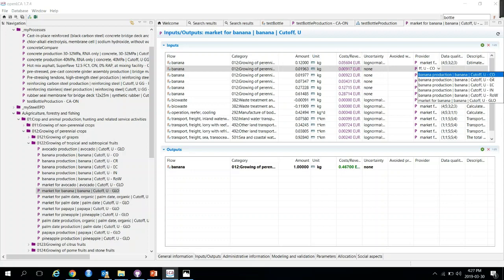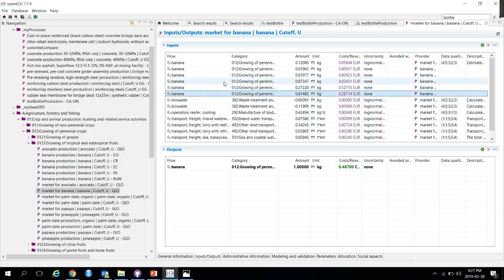So here, I believe Colombia, Costa Rica, I guess India, also rest of world, and so they're all coming in as inputs to make up a total of one.